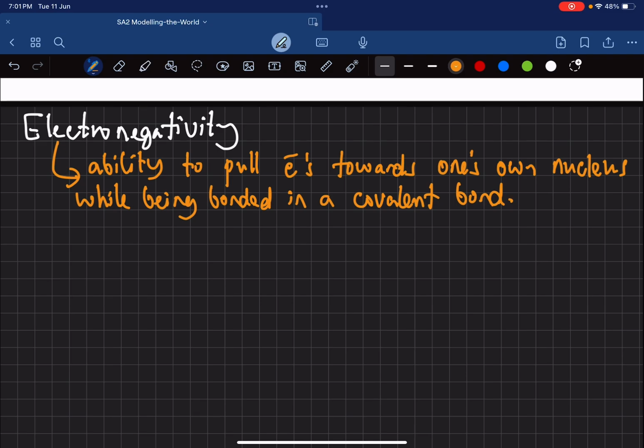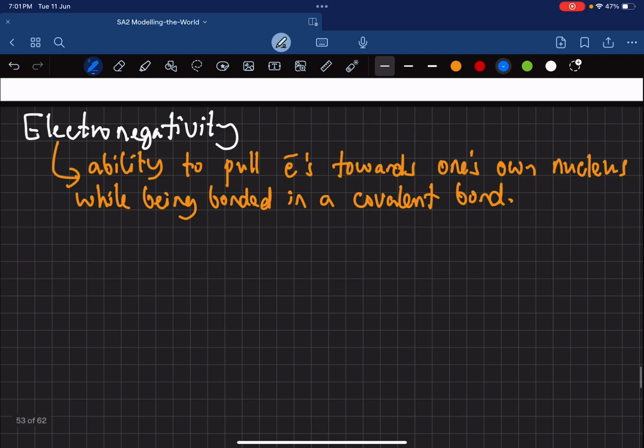So basically what does this mean? It means that all atoms, when they are attached to another atom in a covalent bond, end up attracting electrons towards themselves.